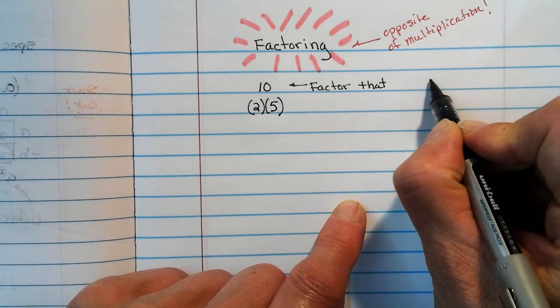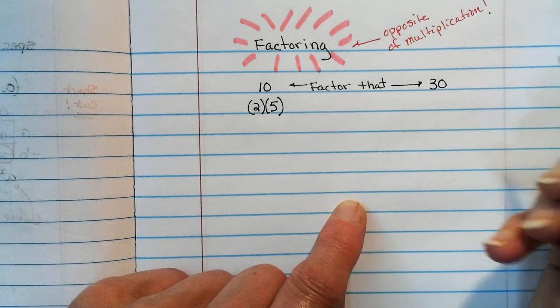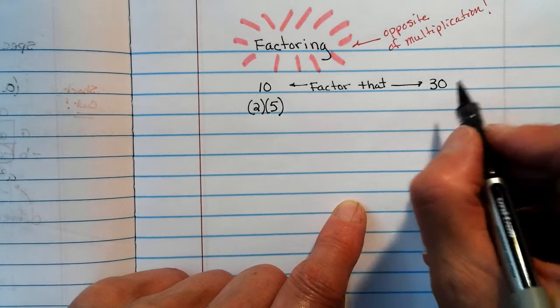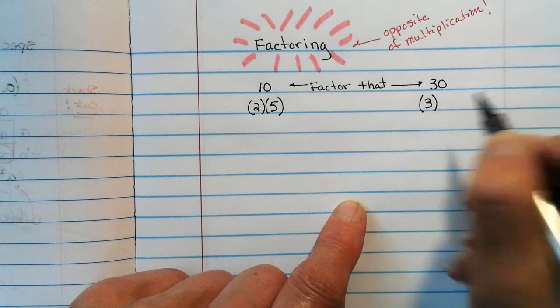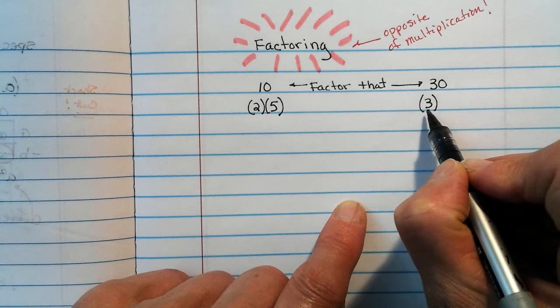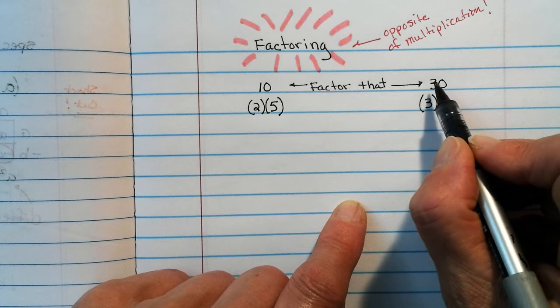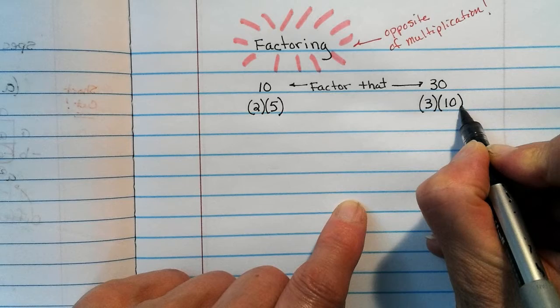So if I had the number 30, and I were to say, factor that, you could say 3, and I would tell you, no, that's a factor. So 3 simply is a factor, but if I want to know the factors, I would have to say 3 times 10.